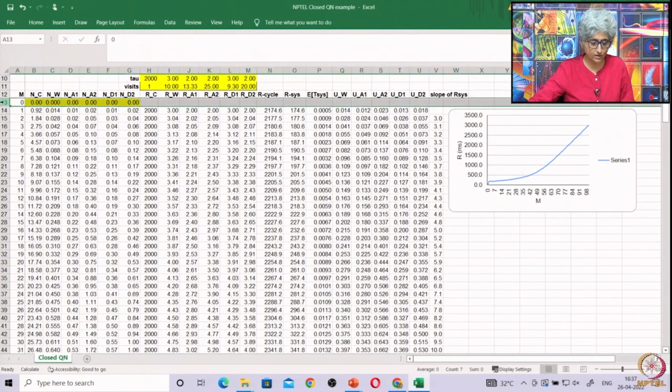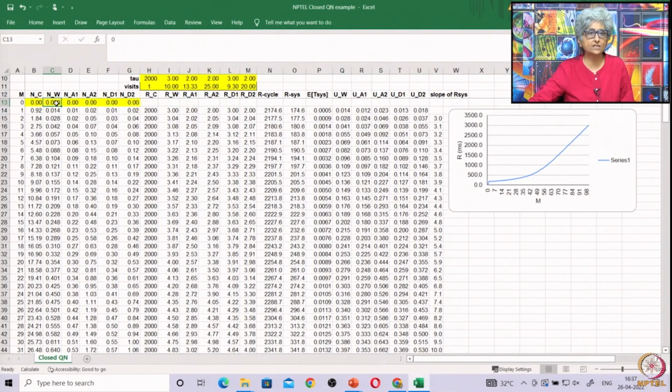This row here is row number 13, that is why this cell is C13. Similarly RA1 is going to be J10, which is this value here, multiplied by 1 plus D13, and D13 is going to be this, and so on for each of the response times.